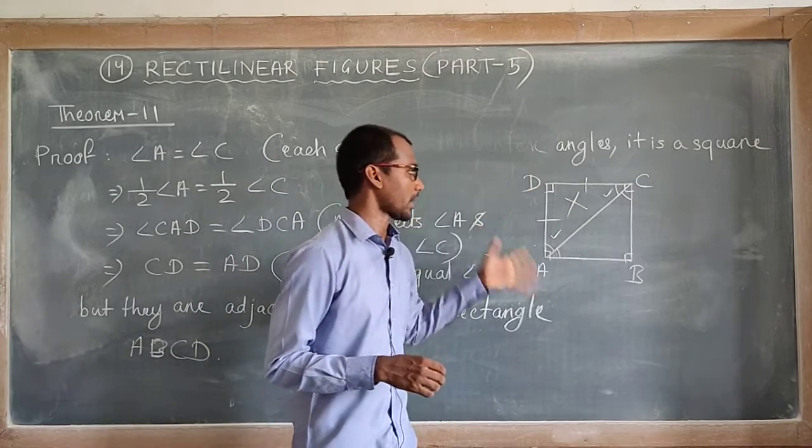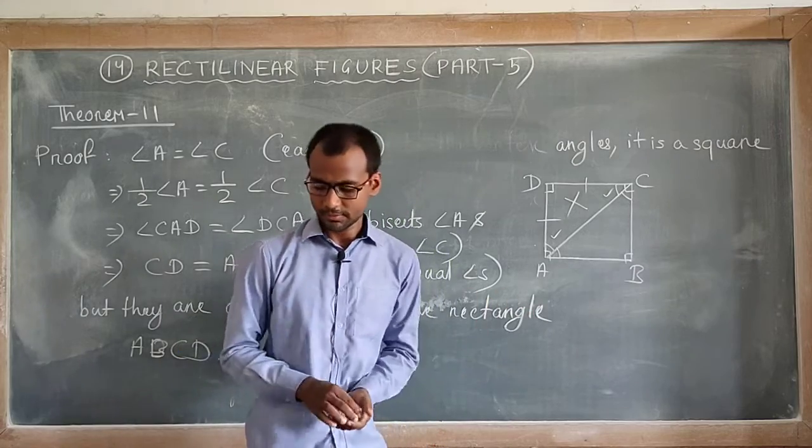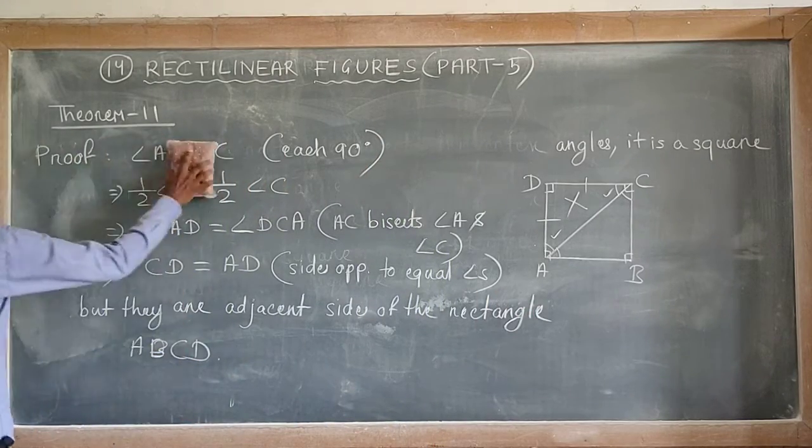Already it is a rectangle, adjacent sides are equal, so it is a square. Hence proved. This is theorem number 11.